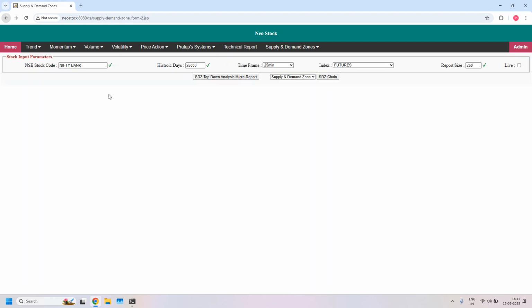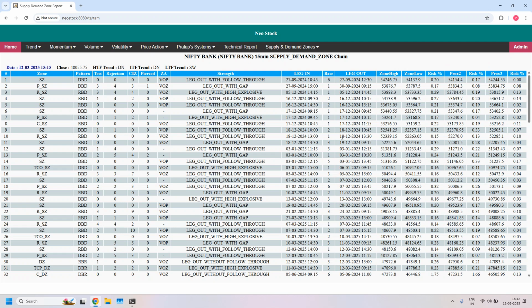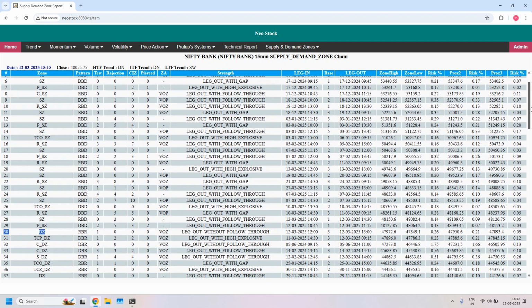Next, 15 minutes supply demand zone chain for BANKNIFTY. So I'm putting it in the center.